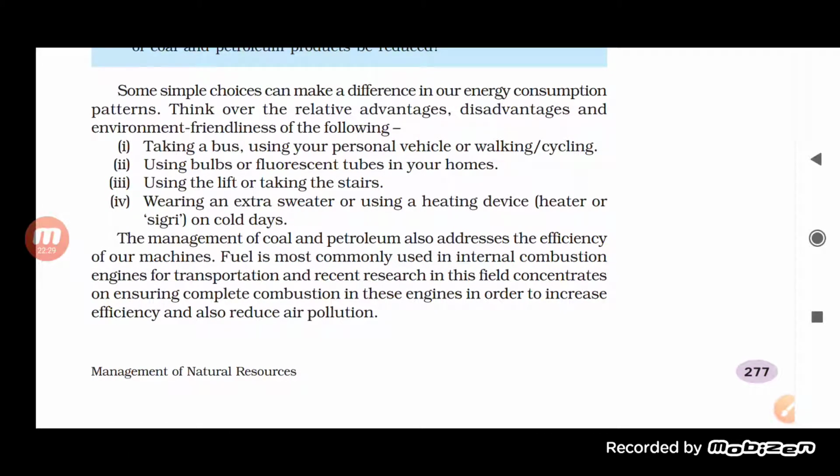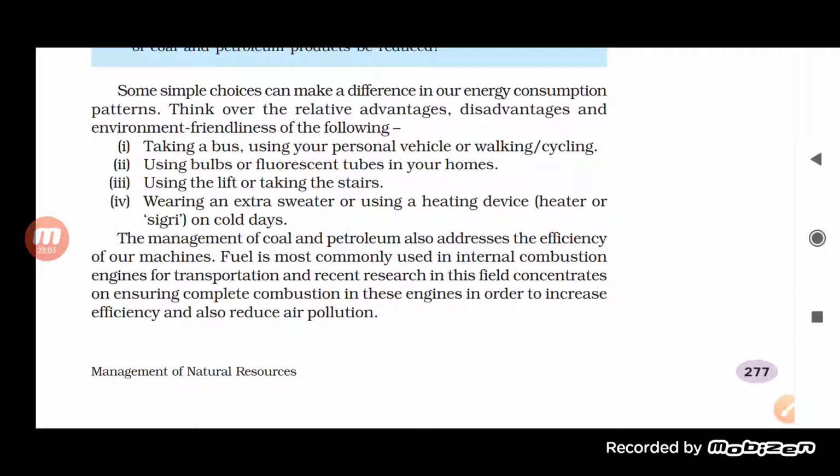Now some simple choices that make a difference in our energy consumption. Think about the relative advantages, disadvantages and environment friendliness of the following. What are the things that we can do in order to make a difference in our energy consumption pattern? So first one, taking a bus, using a personal vehicle or walking. What would you prefer? Obviously, taking a bus is much better, or even better is walking or cycling.